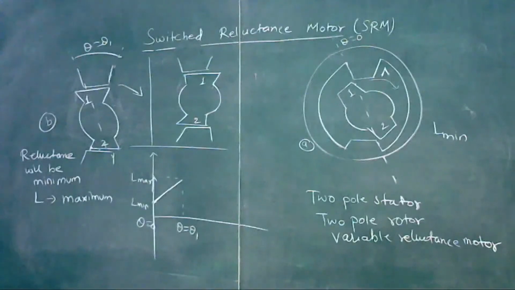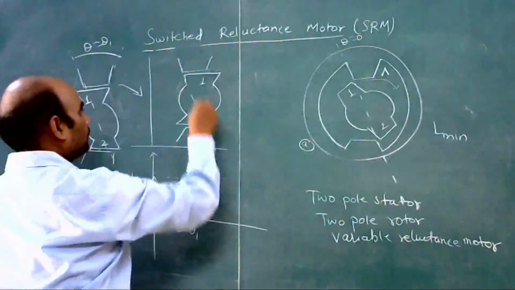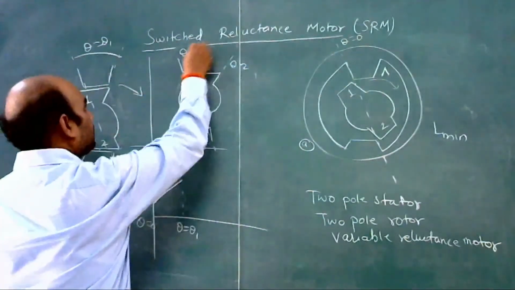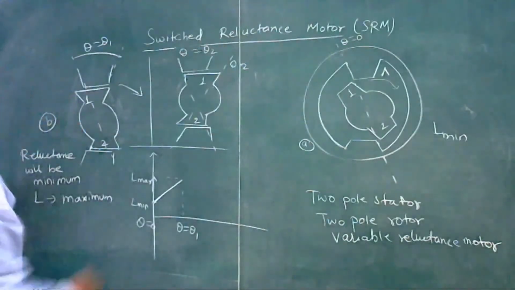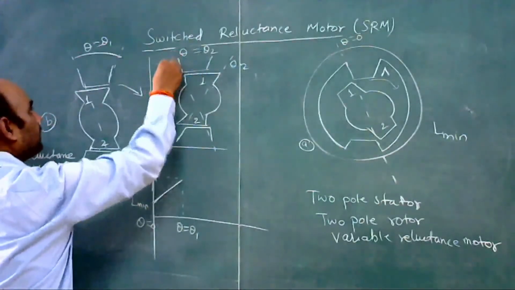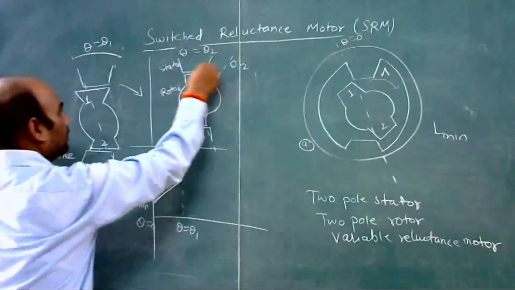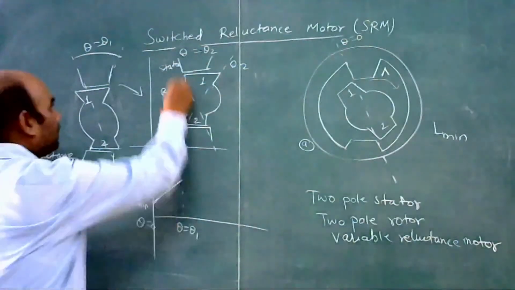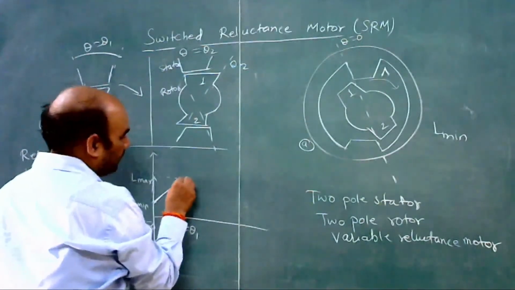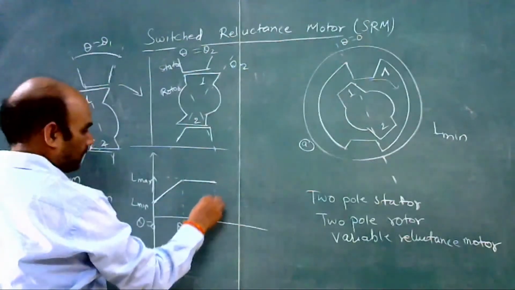Okay. So when theta is theta 2, again the pole phase of both stator and rotor are overlapping each other. So there will be a constant reluctance and inductance will be constant.